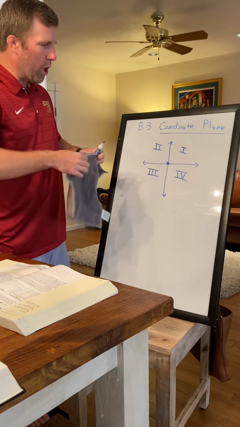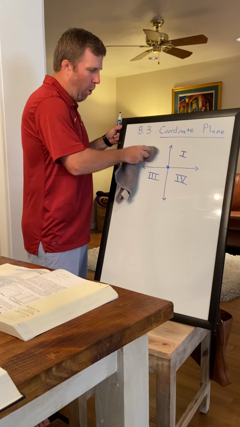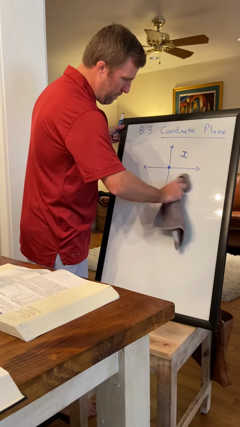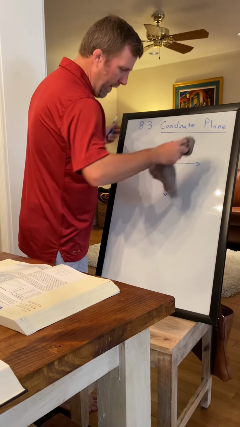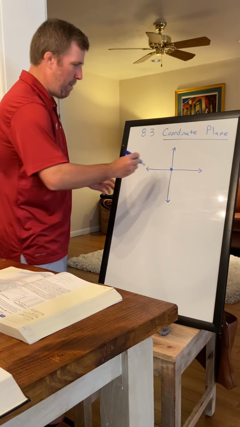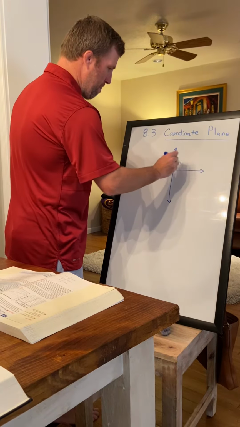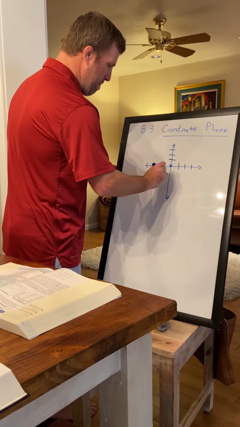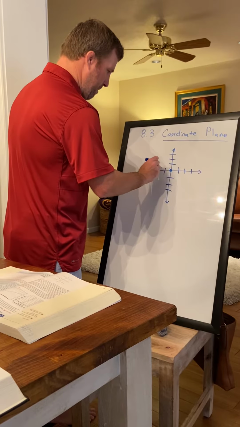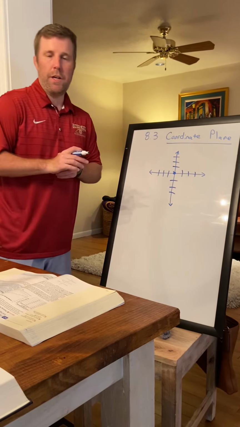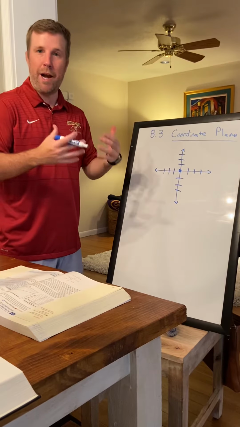Now, in an ordered pair system, in this coordinate plane system, each point in this system has an ordered pair that represents it.